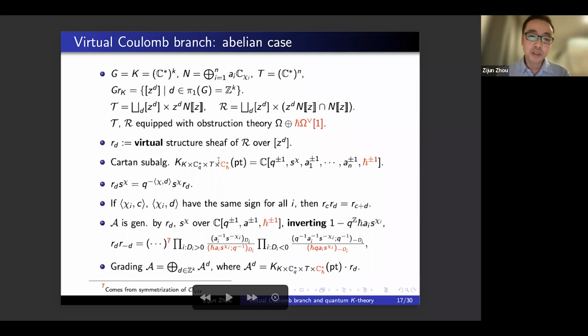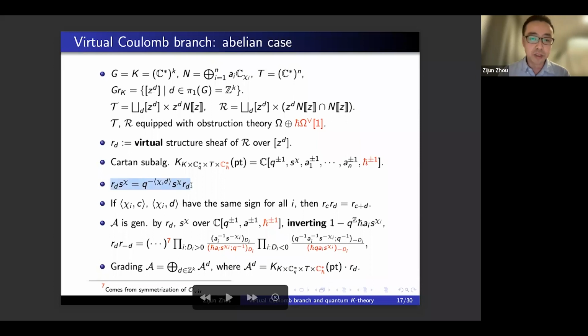The virtual Coulomb branch is also generated by R_D and other equivariant parameters. The difference is that we now have an extra parameter h-bar. And also this R_D is no longer the structure sheaf of R over these points, but it's the virtual structure sheaf.